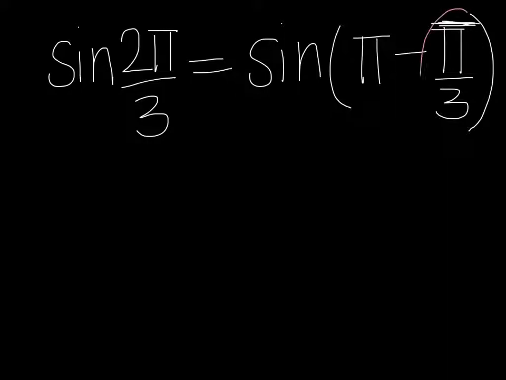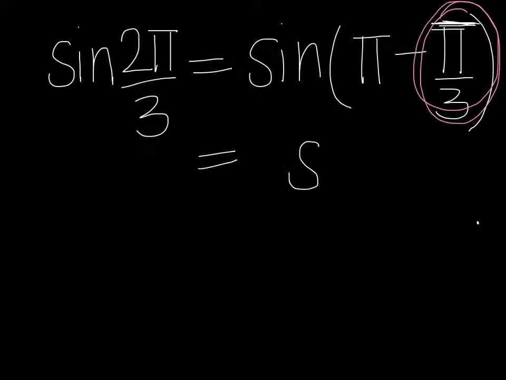I'll just circle that there. So we know if this were happening in quadrant 1, we'd be working with pi on 3. So let's rewrite that. So that's going to be the same as sine of pi on 3.